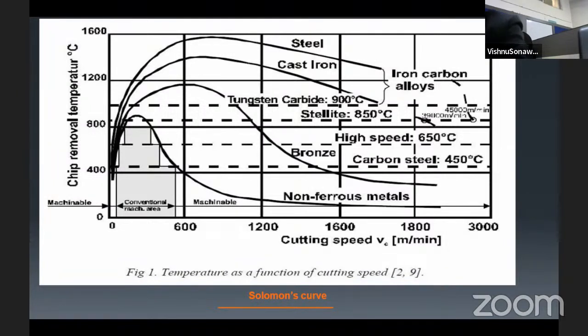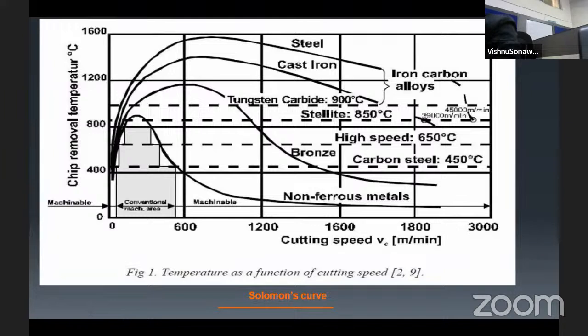Stellite is at 850 degrees Celsius. But for these two materials, as we increase the cutting speed, it will decrease drastically. But in the case of non-ferrous material, the chip removal temperature is 810 degrees Celsius, but the cutting speed goes above 2000 to 2500 meters per minute.